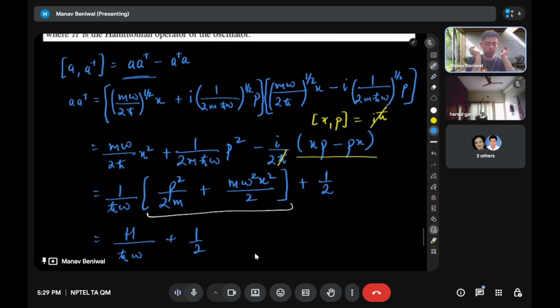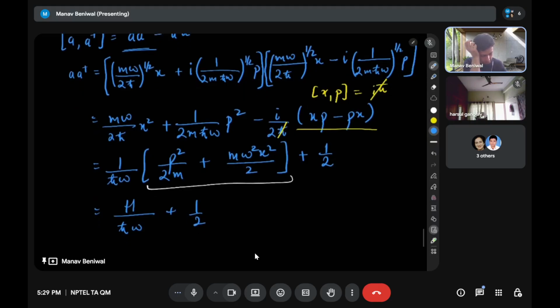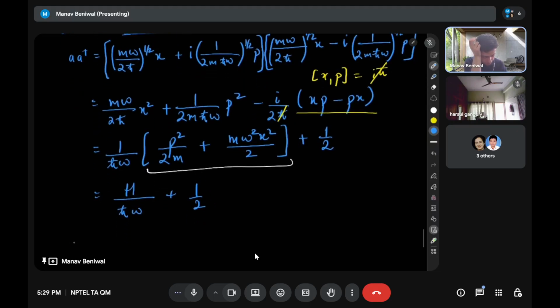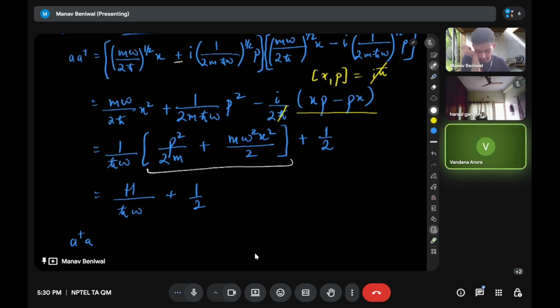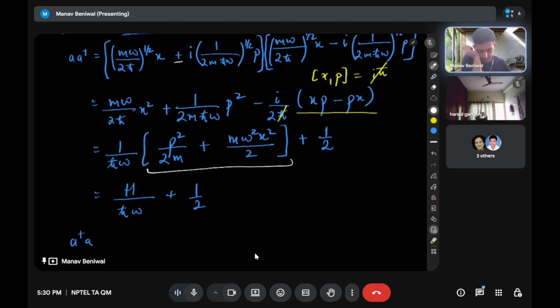Now what difference will we have if instead we do a dagger a? What will we get? I'll just make the changes here. There is just one minor change: here it will be minus half.